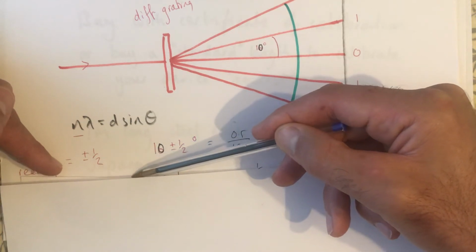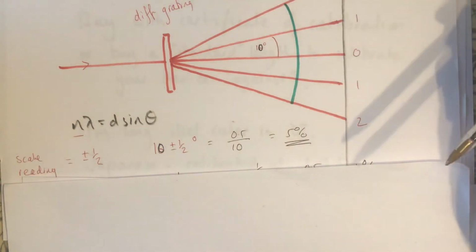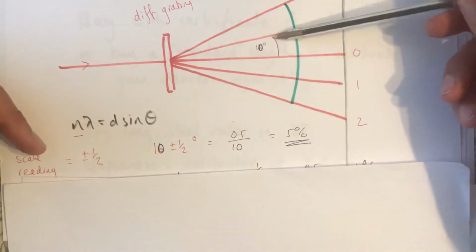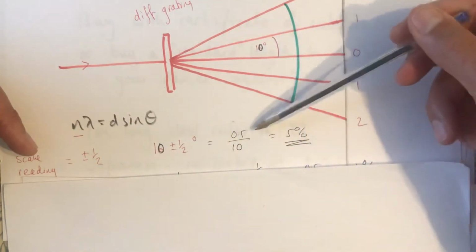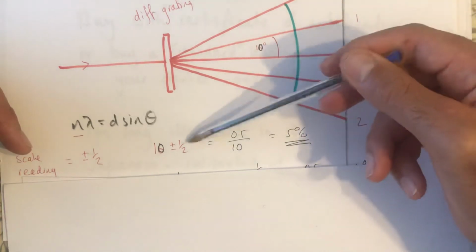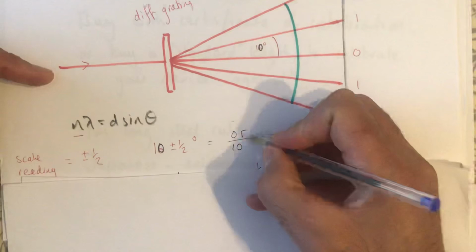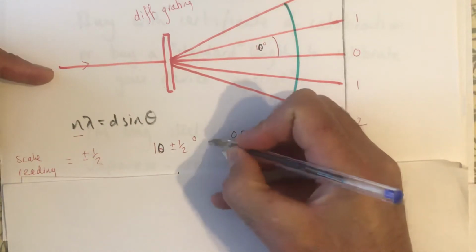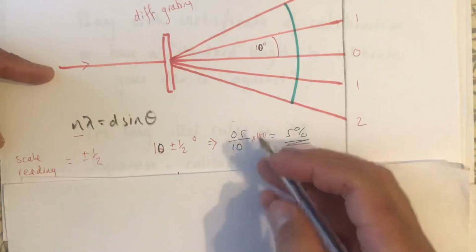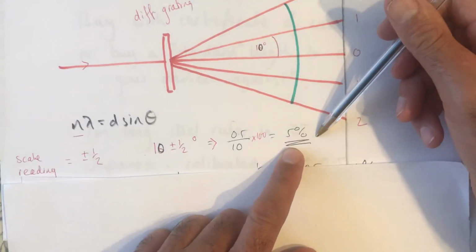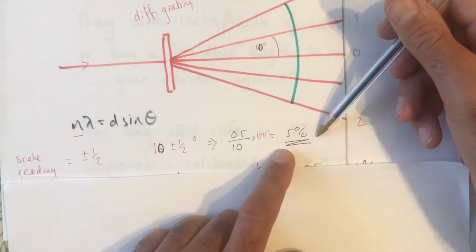So this is just another example of a scale reading uncertainty. So if that's plus or minus half a degree, and I measure 10 degrees plus or minus a half, if I take the uncertainty and divide it by the value times by 100, this gives me a percentage uncertainty of 5%, which is very big, clearly not good in an experiment.